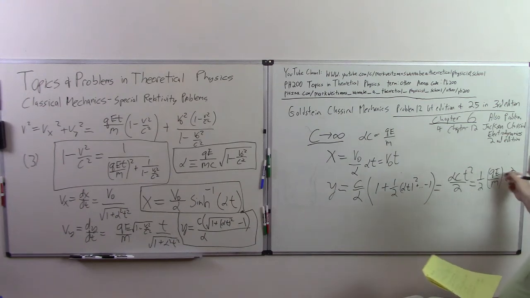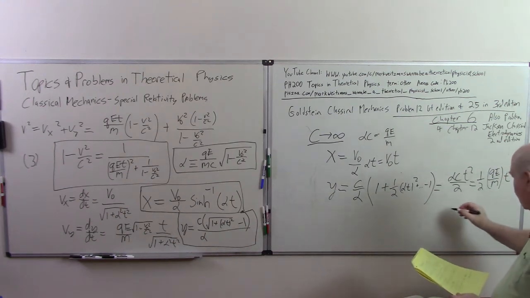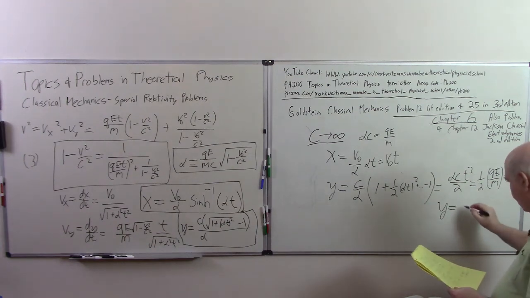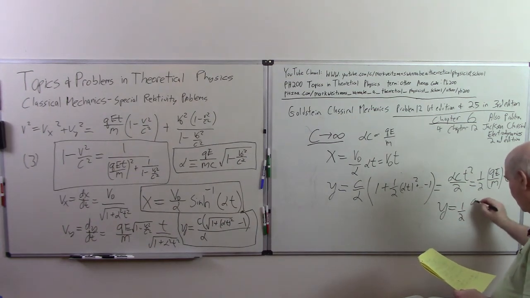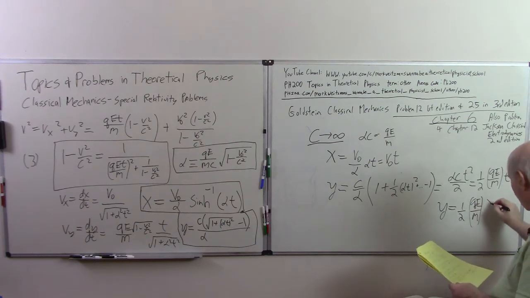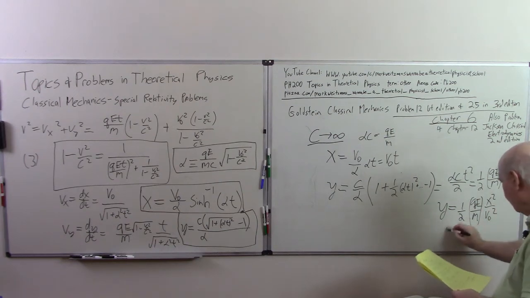And this is of course a parabola in the xy plane. y is going to equal 1/2 qE over m times x squared over v0 squared. So this is a parabola.